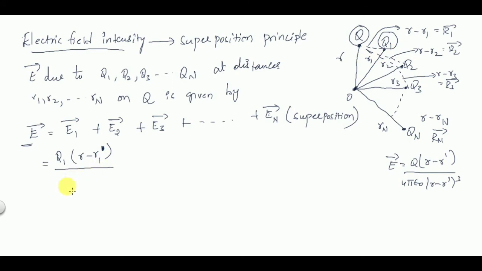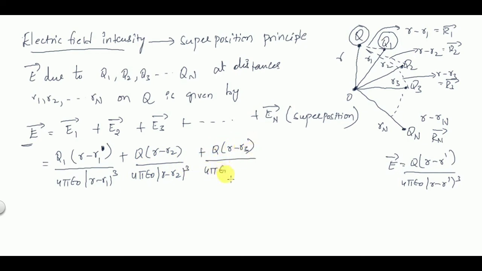So it is Q1 into R minus R1 divided by 4 pi epsilon naught modulus of R minus R1 whole cube, plus Q2 into R minus R2 divided by 4 pi epsilon naught into modulus of R minus R2 whole cube, plus Q3 into R minus R3 divided by 4 pi epsilon naught into modulus of R minus R3 whole cube, plus so on up to Qn into R minus Rn divided by 4 pi epsilon naught into modulus of R minus Rn whole cube.